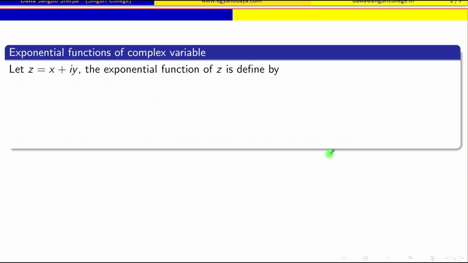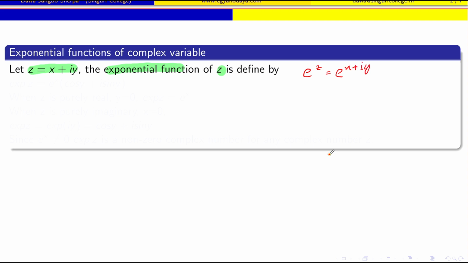Let z equal x plus iy be a complex number. Then the exponential function of the complex number z is defined by e to the power z, which is equal to e to the power x plus iy.